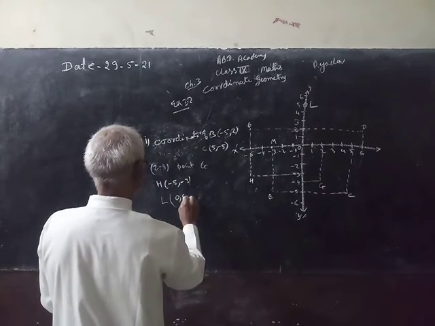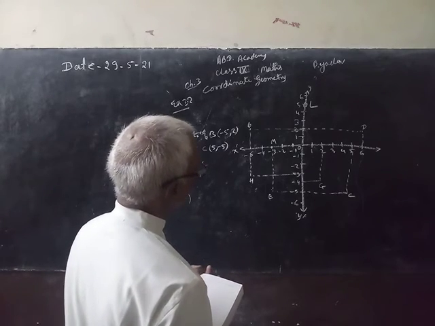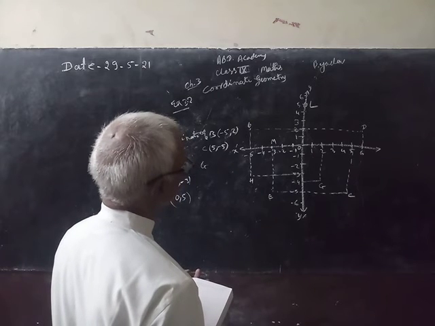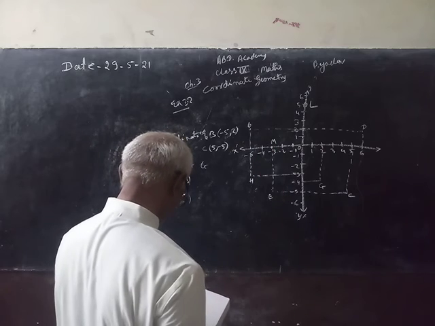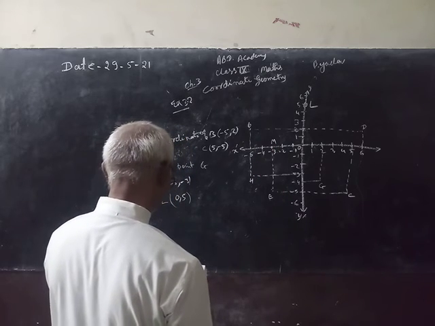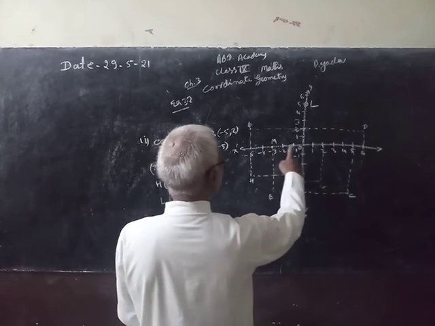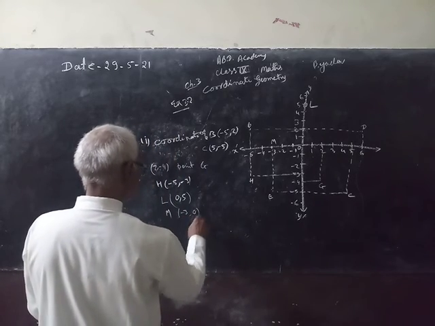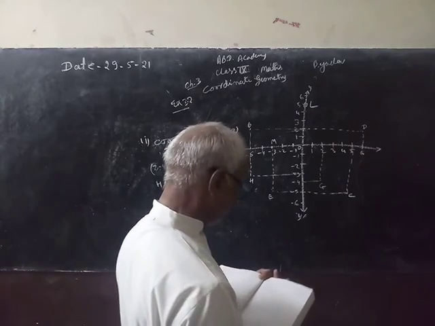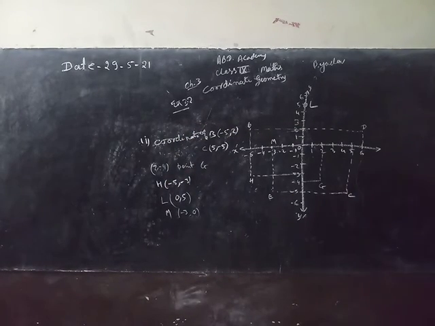It is 0, 5. On the y-axis, first coordinate is 0 and the second will be positive above, negative below. The coordinates of M are given here: it is 1, 2, 3, so it is minus 3 and 0. On the x-axis, the second coordinate will be 0. So this is your question number 2 of exercise 3.2.